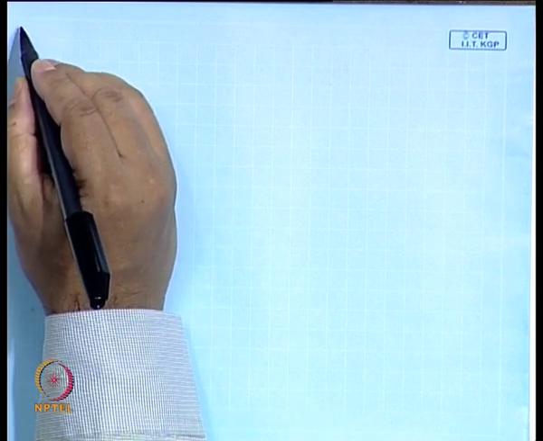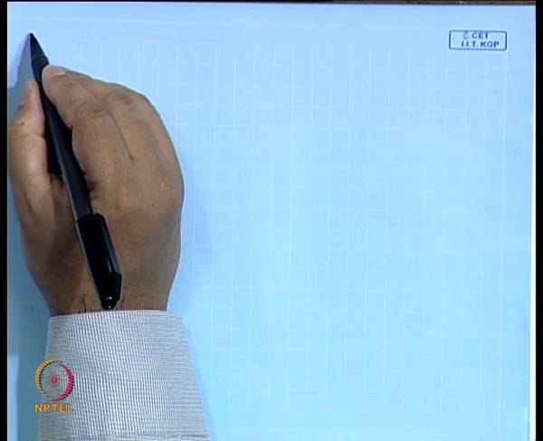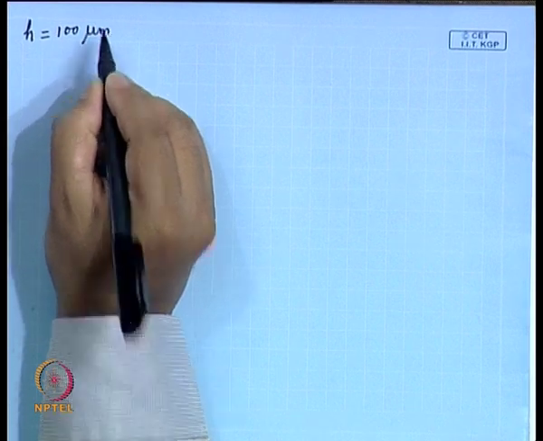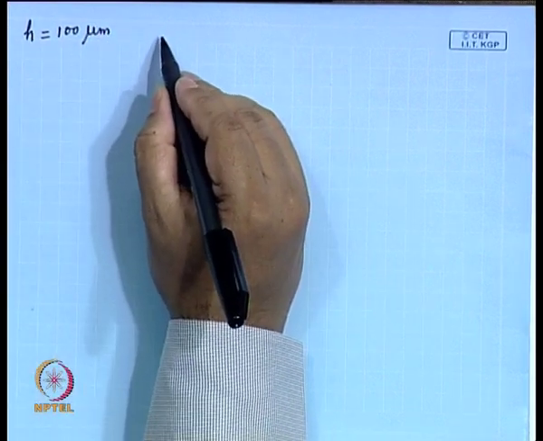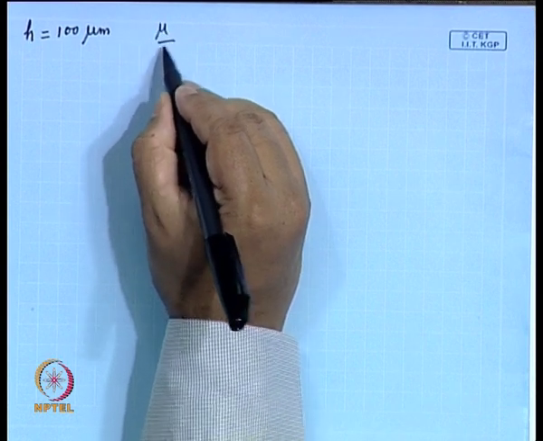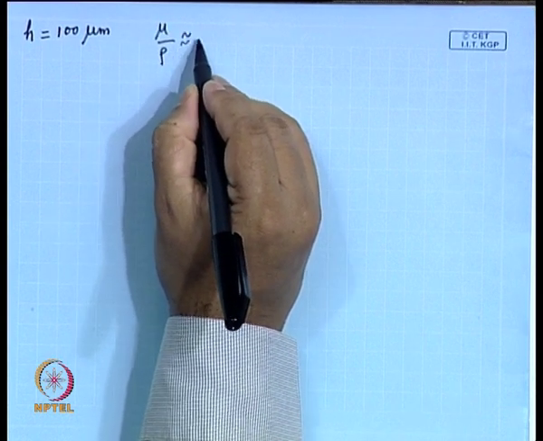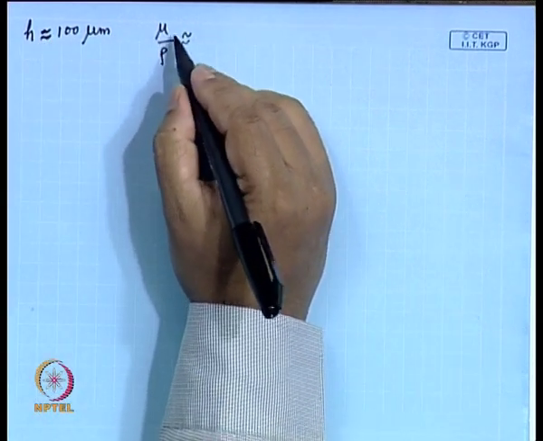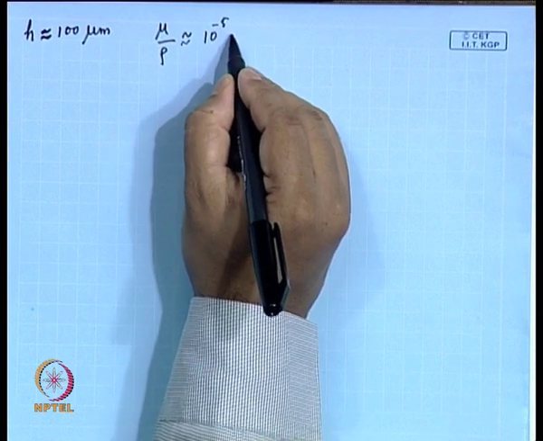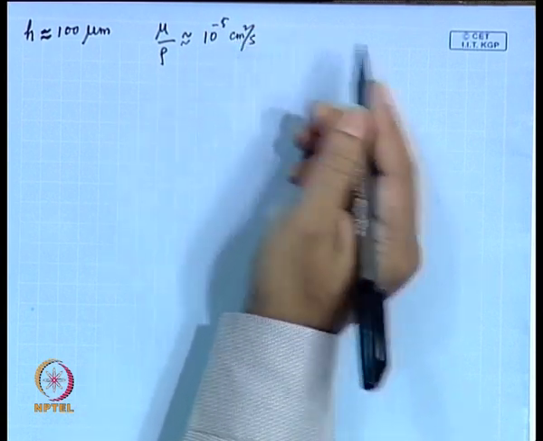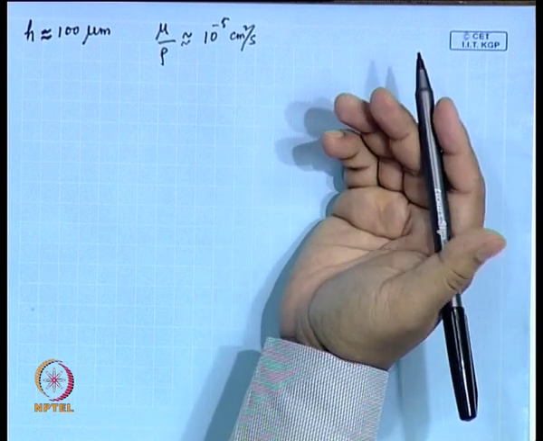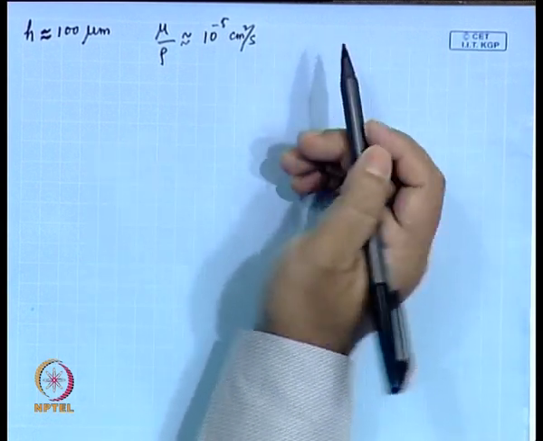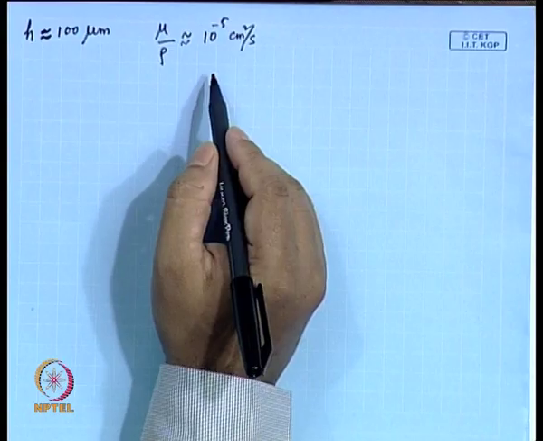Suppose the dimension of a microchannel is somewhere close to 100 micrometer, and mu by rho is close to 10 to the power minus 5 cm square per second. You can check the viscosity and density of a common material, and you will see mu by rho is around 10 to the power minus 5 cm square per second.